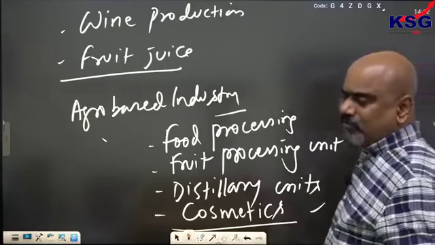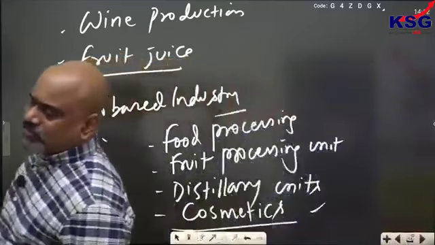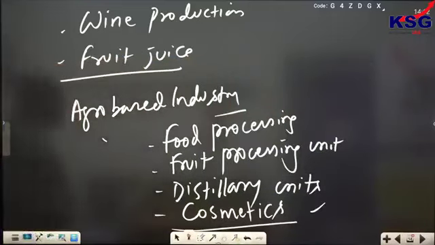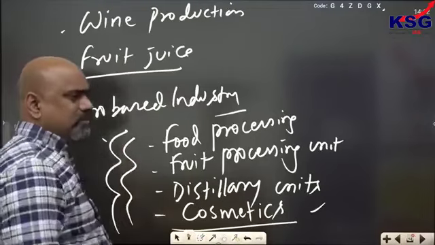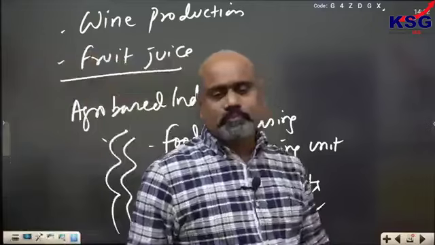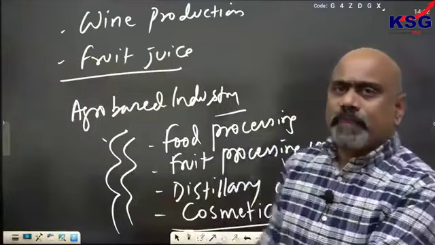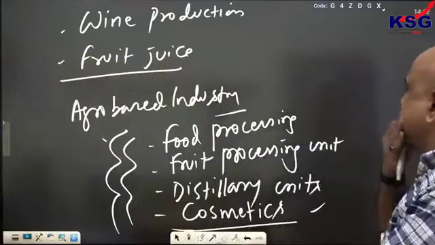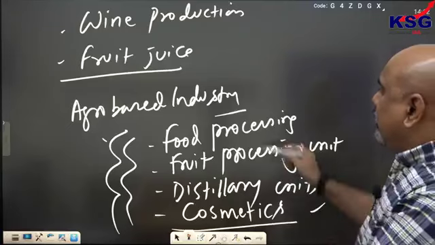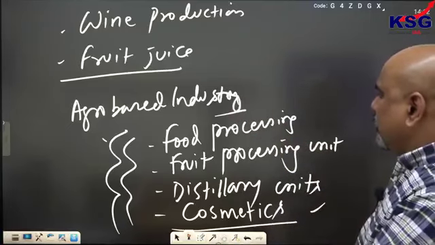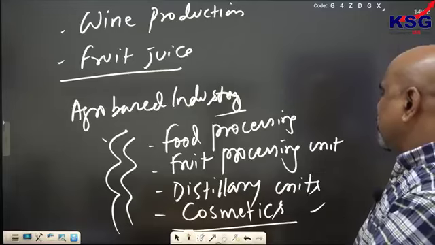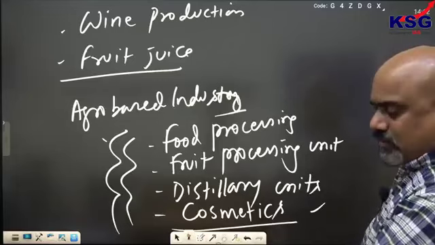Distillery units, you have wine manufacturing and different processes through which they usually process this. These are very famous, in fact very well known in these regions. Agro-based industry in these regions is very well known: food processing, fruit processing, distillery, cosmetics, etc.